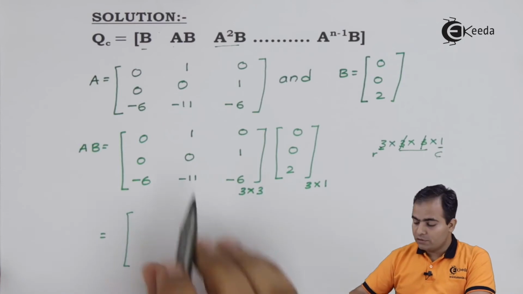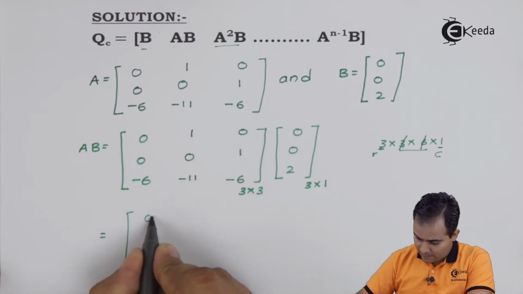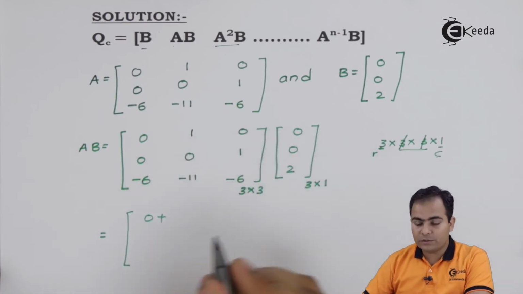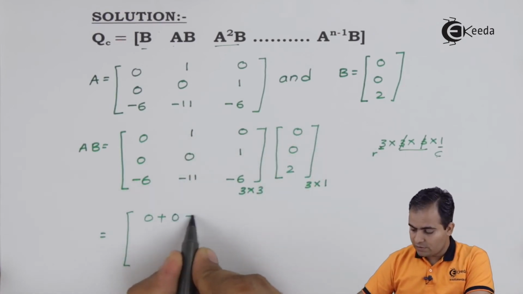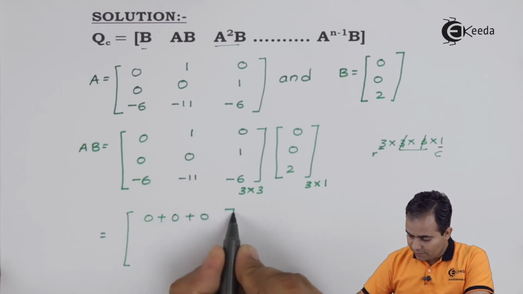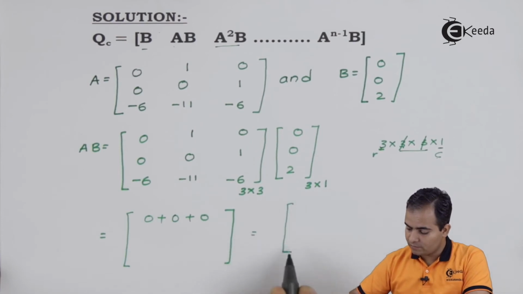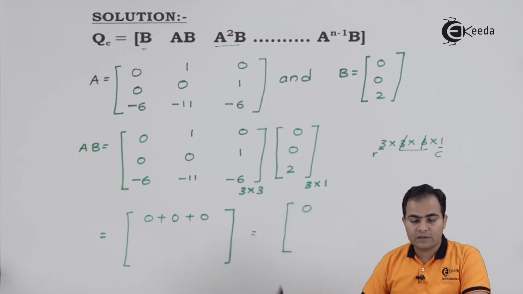Now just do the cross multiplication. 0 into 0 is 0, plus 1 into 0 is 0, and the last one, 0 into 2, is again 0. So the first column value is 0.